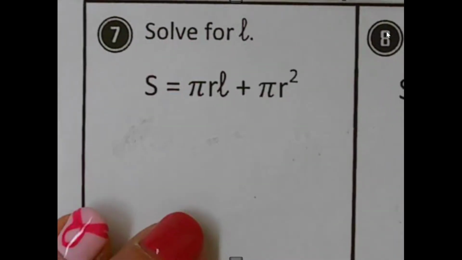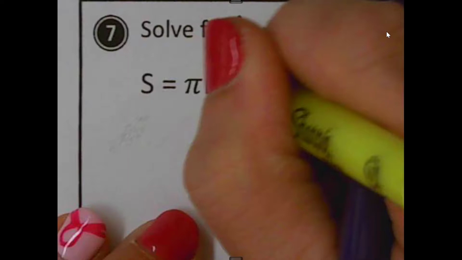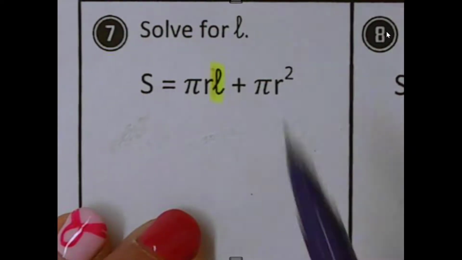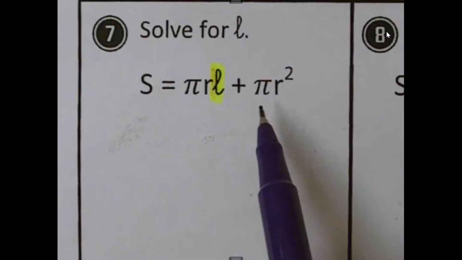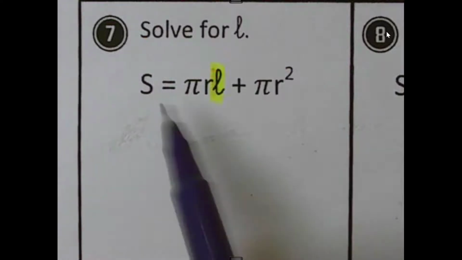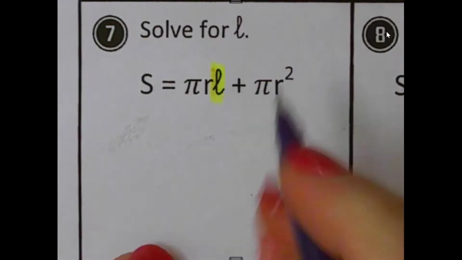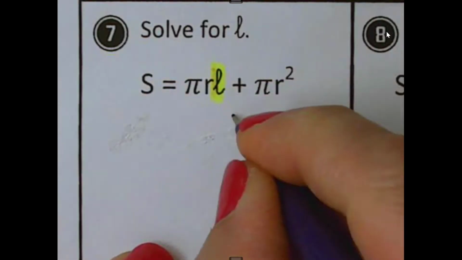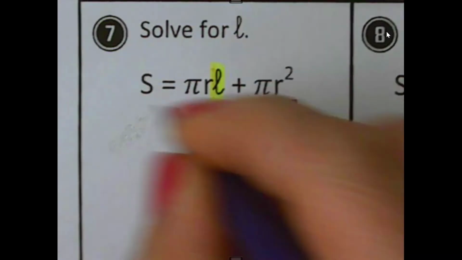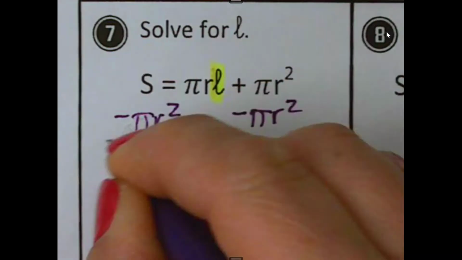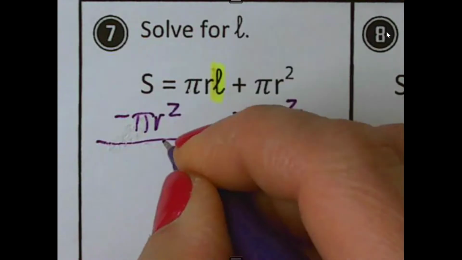Okay, 2 more examples just to get through. Again, pause anytime you need to. Highlight the L. I'm going to get rid of any term that doesn't have the highlighted variable. This is saying plus pi r squared, so I'm going to subtract pi r squared. Again, these are not like terms.